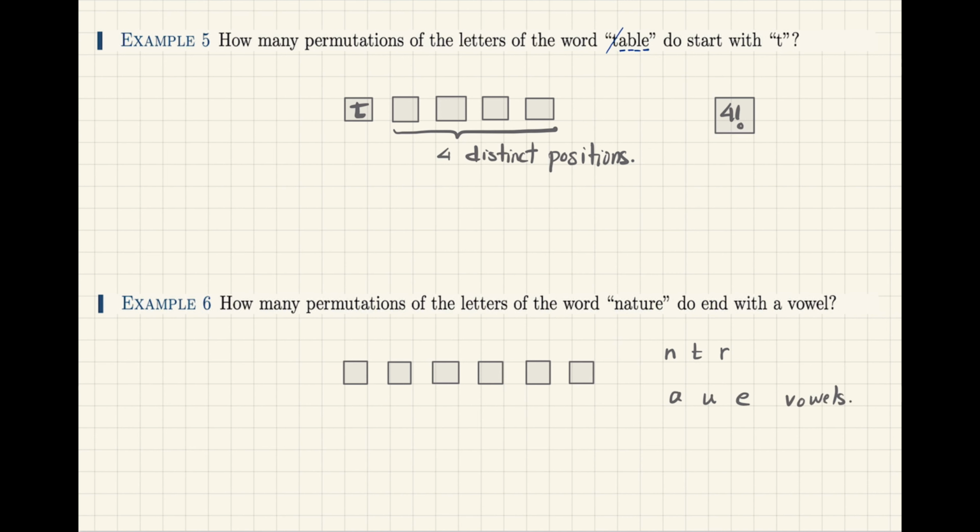So it means for the last position, I have 3 options available because I want to end the permutation with a vowel. Okay, so let me take this one, stage 1, filling up the right-hand position.